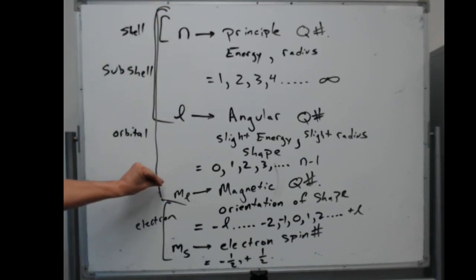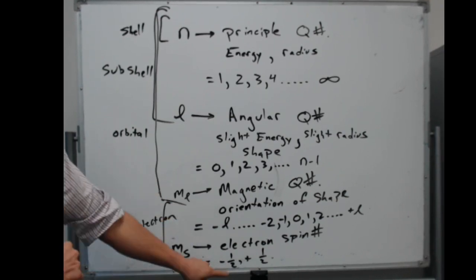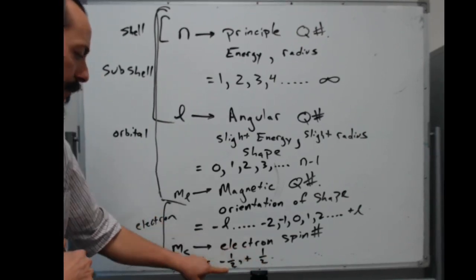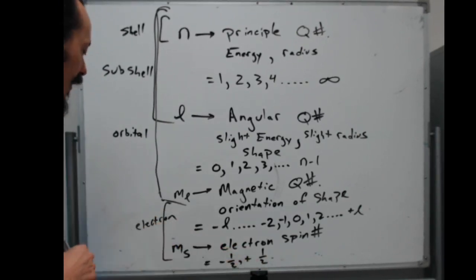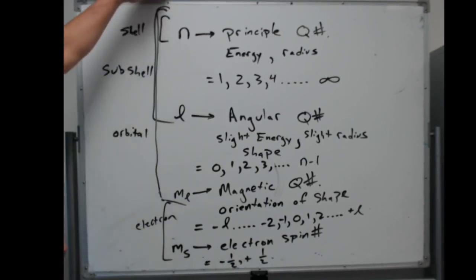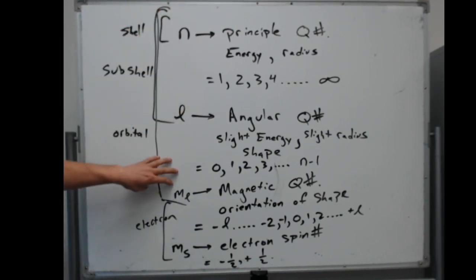So that gives us more specification. Inside the house, we can have a certain number of electrons. It turns out it's a duplex, so you either are living in the front unit or living in the back unit, right? The plus a half or the minus a half case. So by having all four of these, we're specifying an individual living in one place, versus these three, the shell, subshell, orbital, just define where the place is.